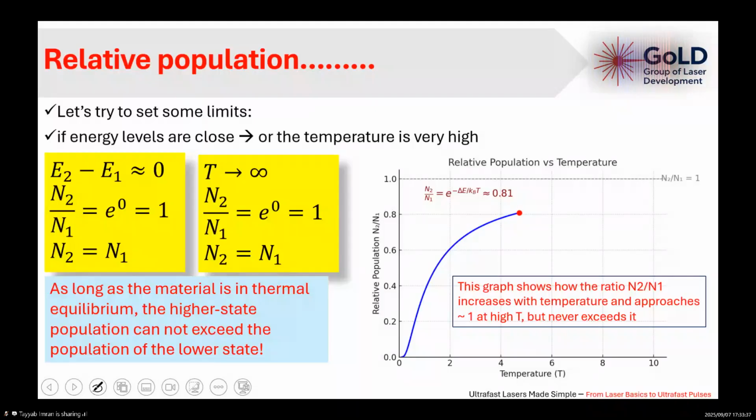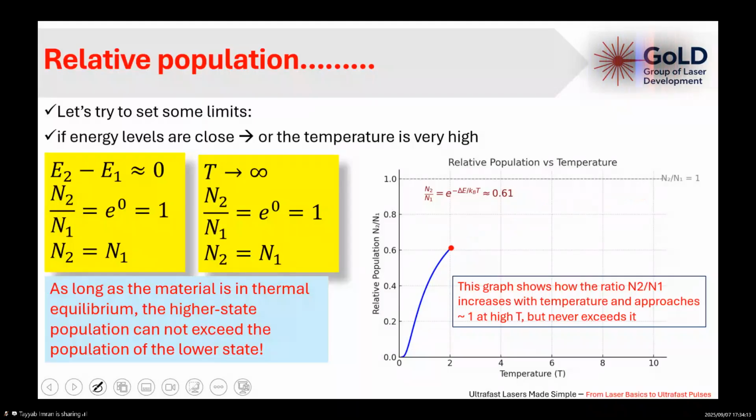This is also related to the relative population, and you can see two possibilities: whether to change the energy of the energy levels or change the temperature, and observe what ratio we see of this Boltzmann distribution.